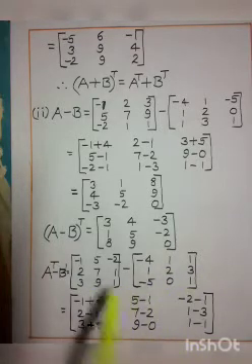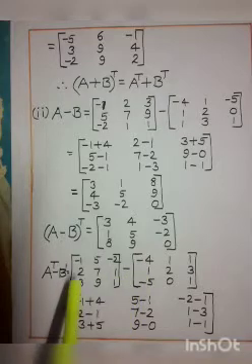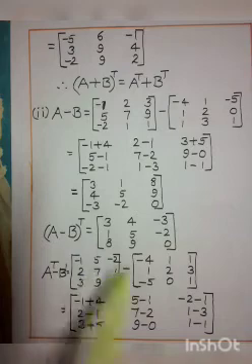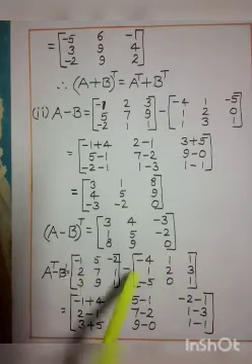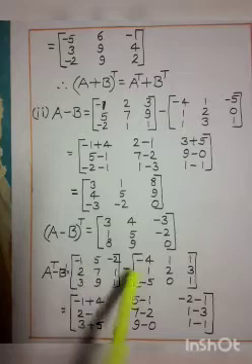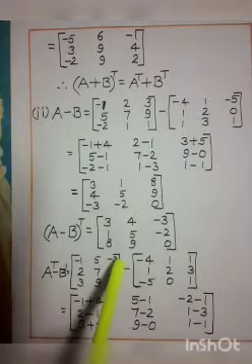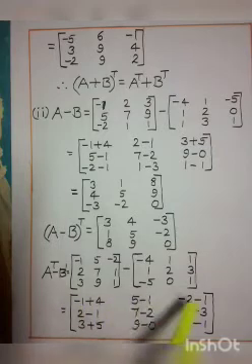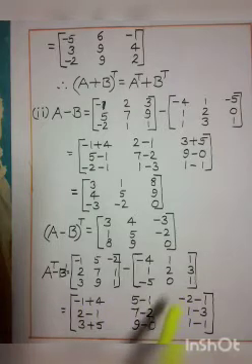Okay, my dear children, I am writing here the transposes of matrix A and matrix B directly. Now we are subtracting: minus 1 minus of minus 4 plus 4, 5 minus 1, minus 2 minus 1. These are the elements in the first row. Understood, my dear children? Right.